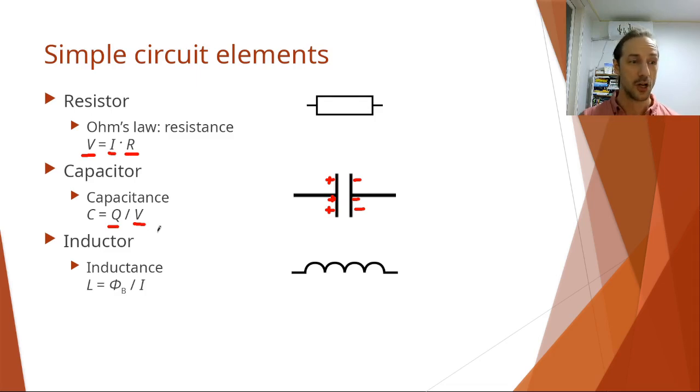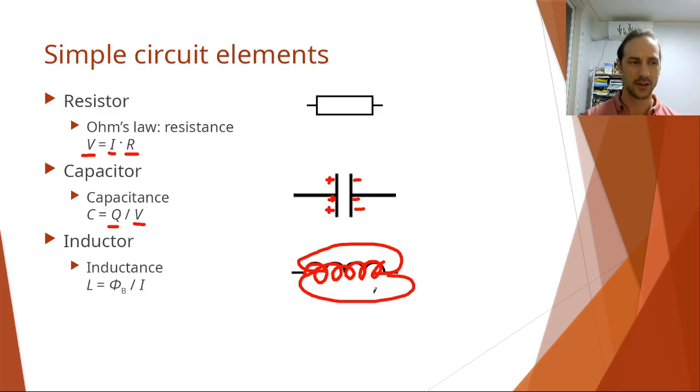So at higher voltage, a higher number of charge carriers will be accumulated, and the higher the capacitance, the higher the number of charge carriers accumulated under the same voltage. In the inductor case, we have the current flowing in a spiral motion, which will generate a magnetic field around it. The magnetic field is this phi B, the magnetic flux, and that is related to the current using the inductance constant for this inductor.